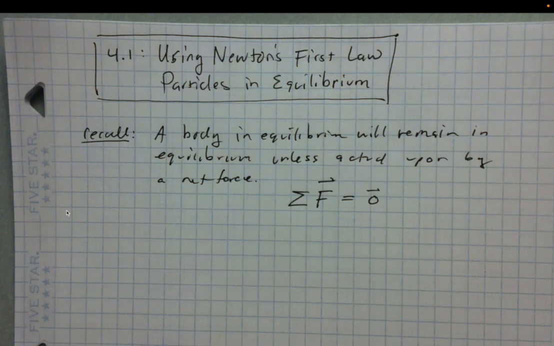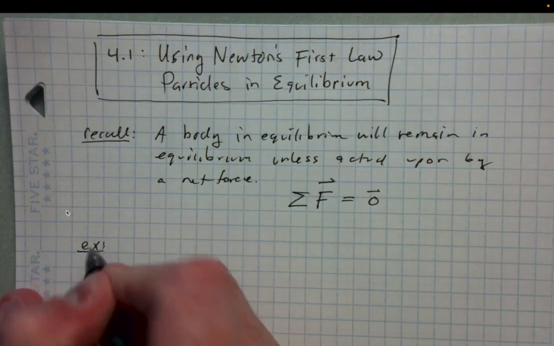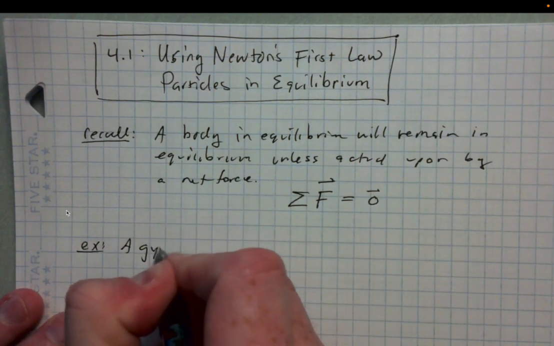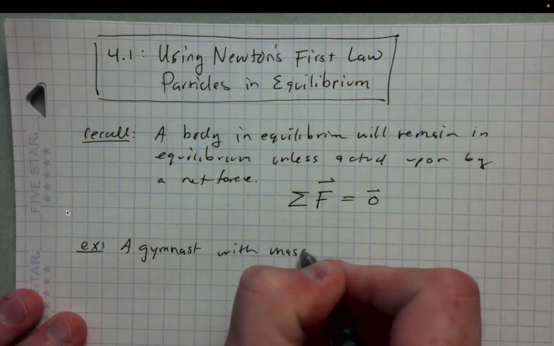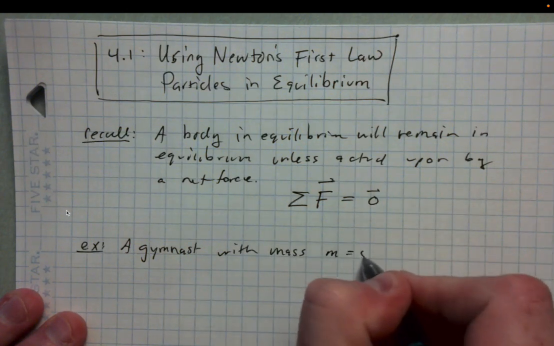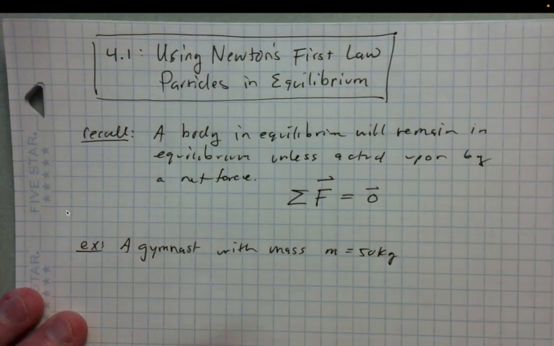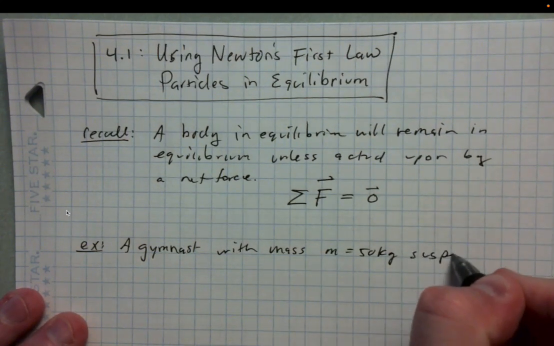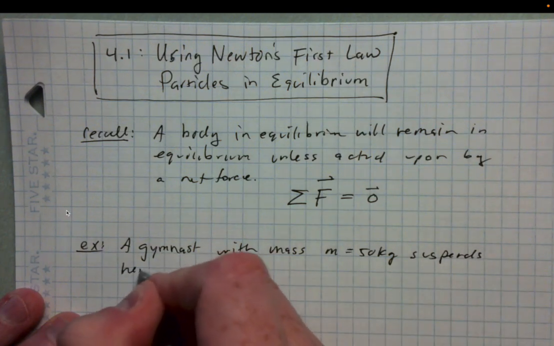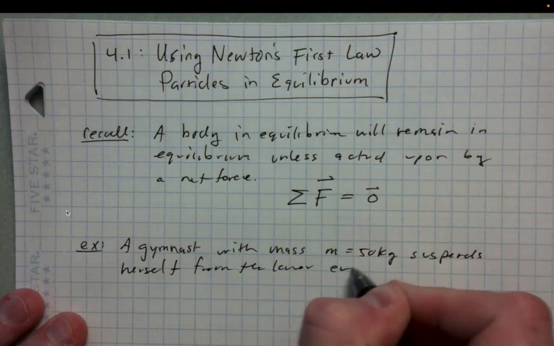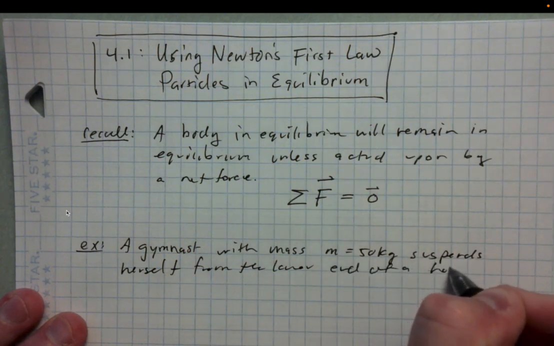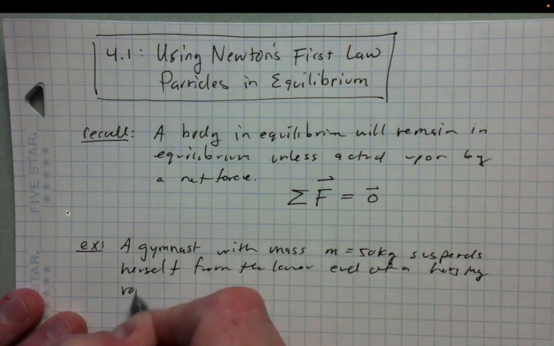So let's start with the hanging gymnast problem. So a gymnast with mass m equals 50 kilograms suspends herself from the lower end of a hanging rope.